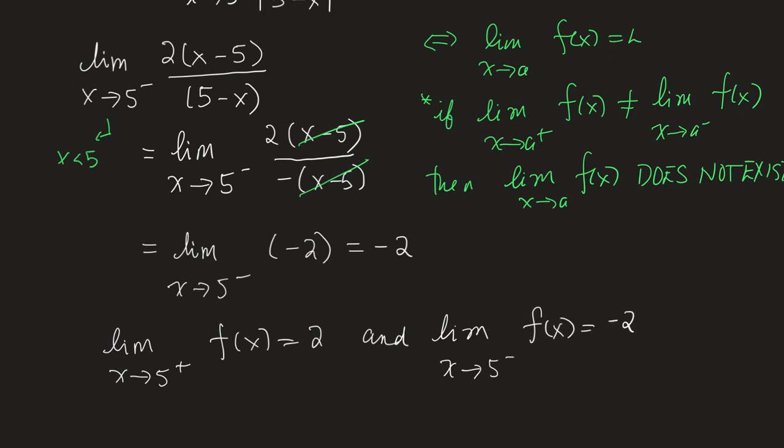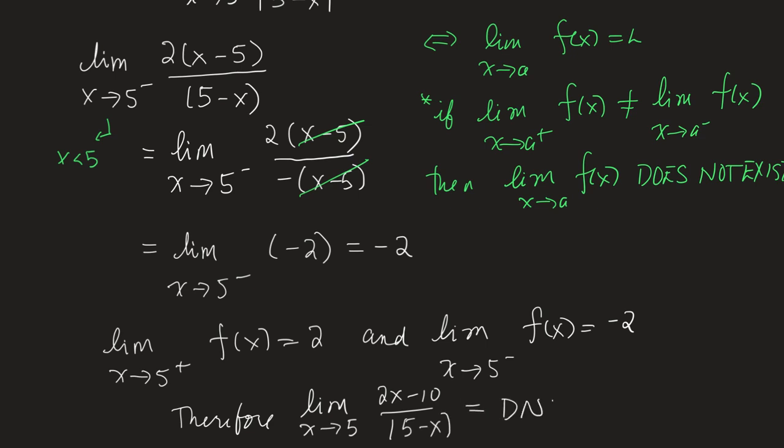The right and left hand limits are not equal. Therefore, the limit as x tends to 5 of our function, which was 2x minus 10 over absolute value of 5 minus x, does not exist.